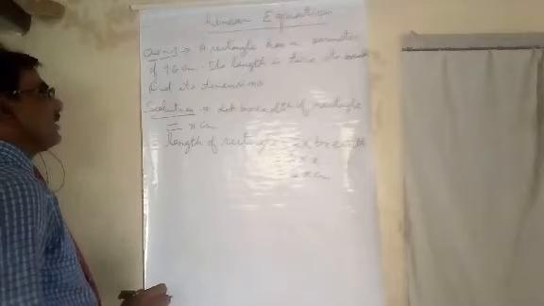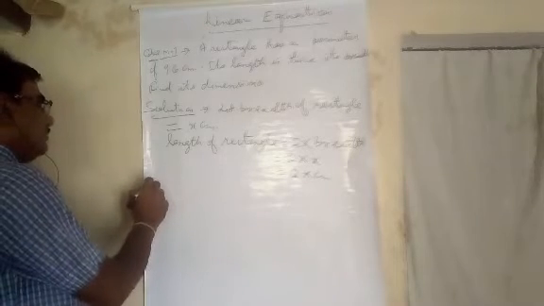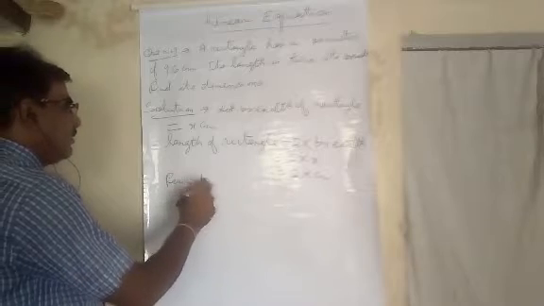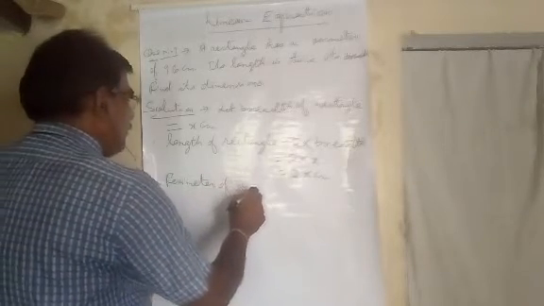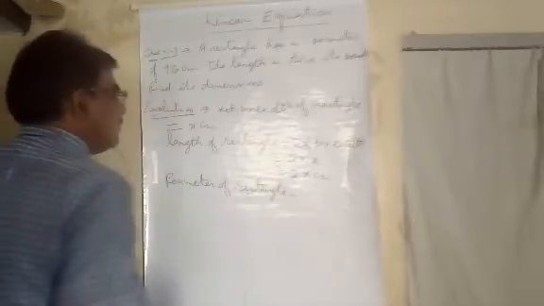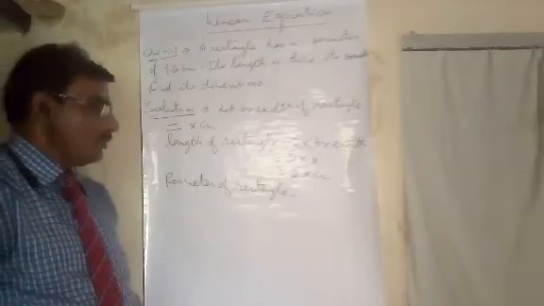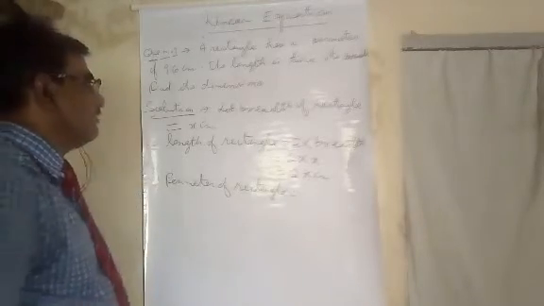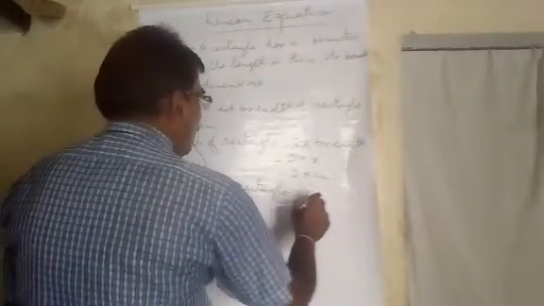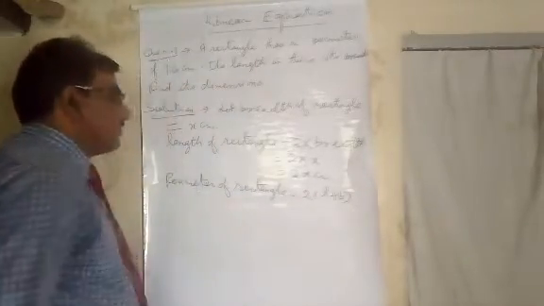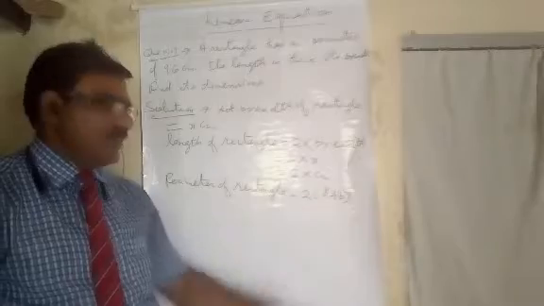Now perimeter of rectangle. We know the formula for finding the perimeter of a rectangle is 2 bracket length plus breadth.